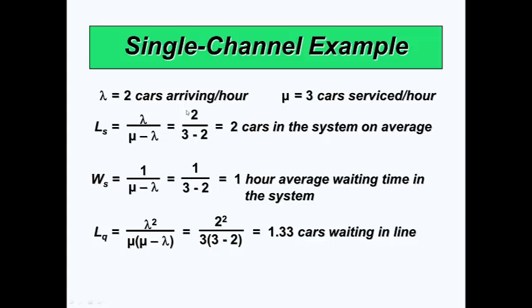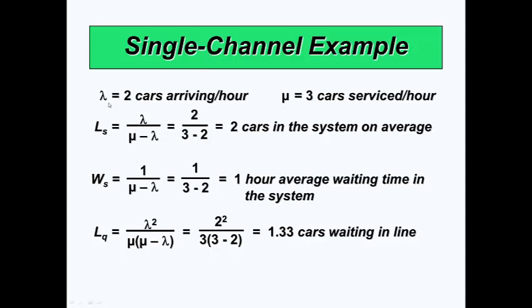And again, in the exam or in the assignment, if I tell you that the inter-arrival time is 30 minutes, you automatically have to convert that into 2 cars arriving per hour.